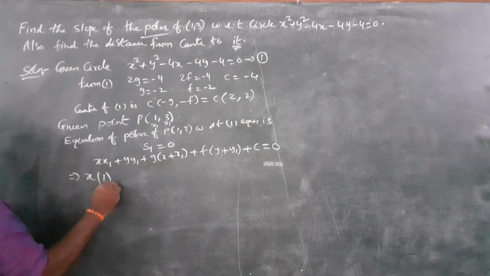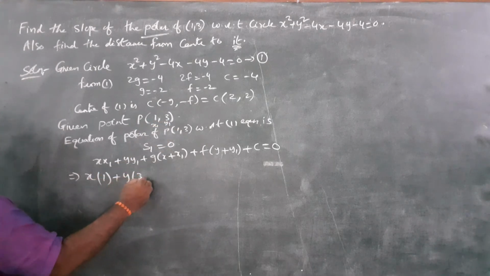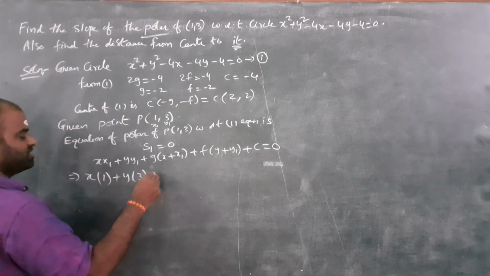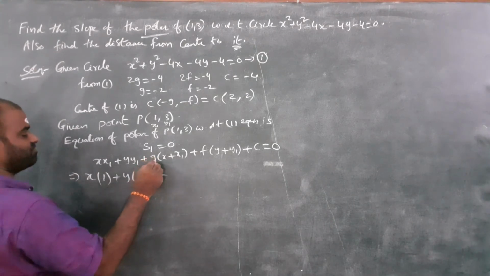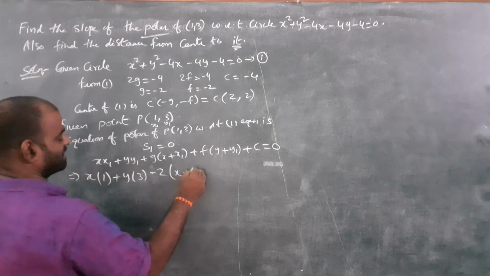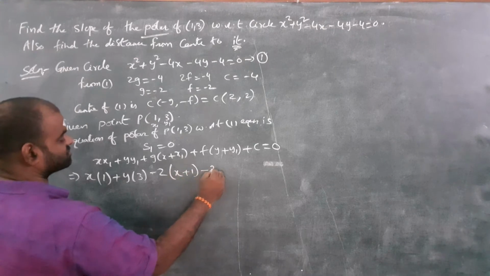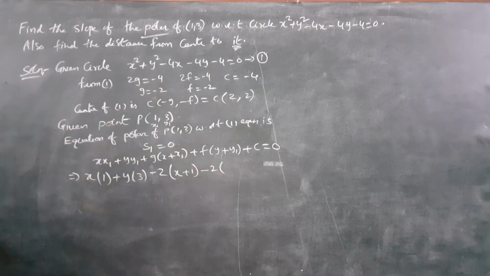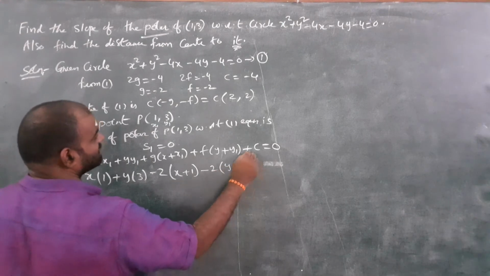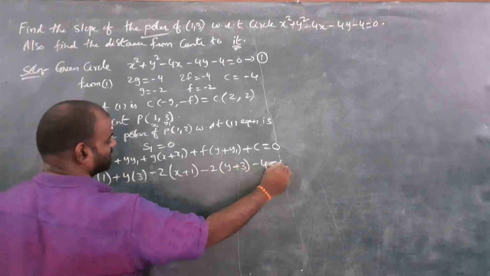So x into 1 plus y into 3 plus g. G means minus 2, so this plus becomes minus 2 into x plus 1, minus 2 into y plus 3, and c is minus 4, equal to 0.